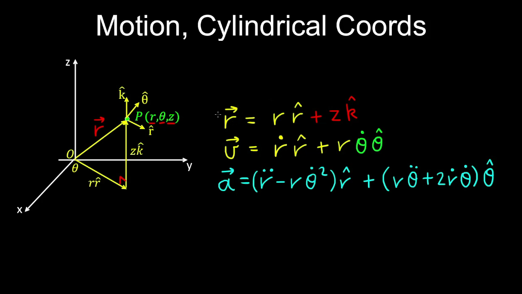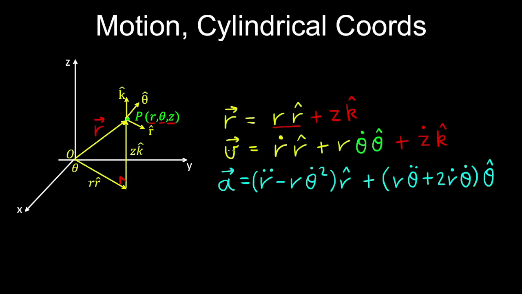And now if we differentiate r with respect to time, we get the velocity, where the derivative of the first term is exactly the same, plus the derivative of the second term, which is the derivative of z with respect to time, being the velocity in the z direction, times k hat. So note that k hat is constant and does not change with time.